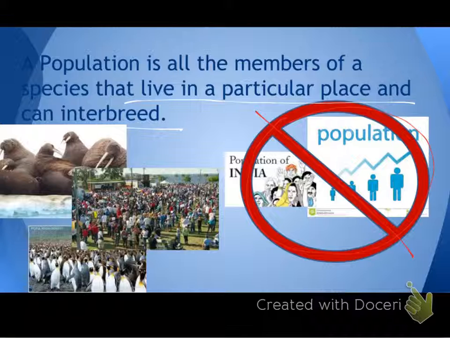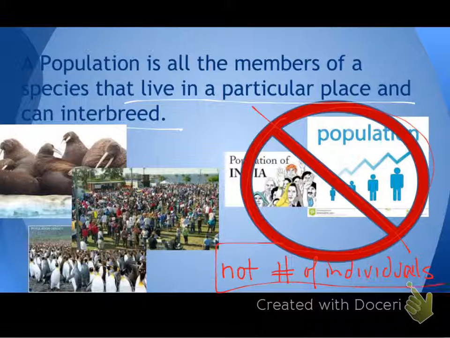It is not the number of them. Not the number of individuals. It's all the members of a species that live in a place and can interbreed.